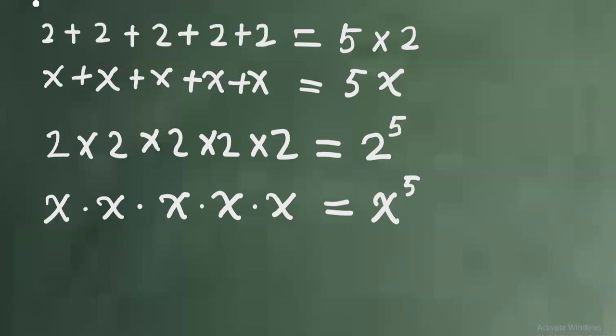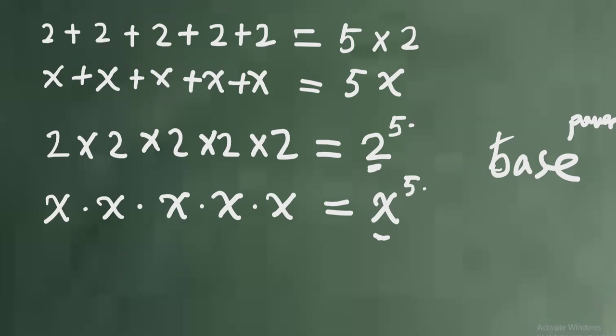Based on the definition, the number 2 is the base, and x is a base, and the number 5 means to the 5th power. It means it's a power. So, base and power.